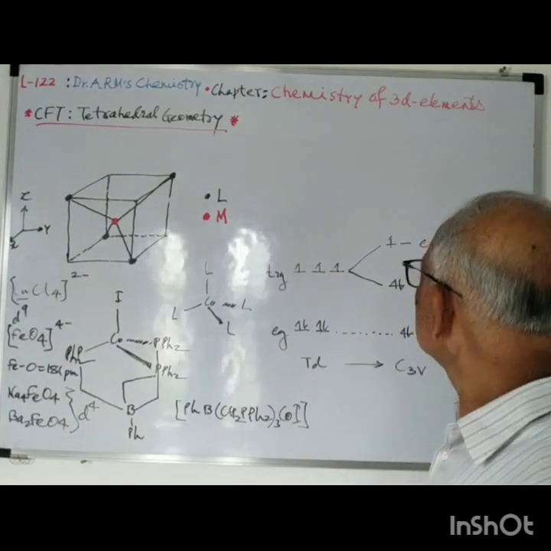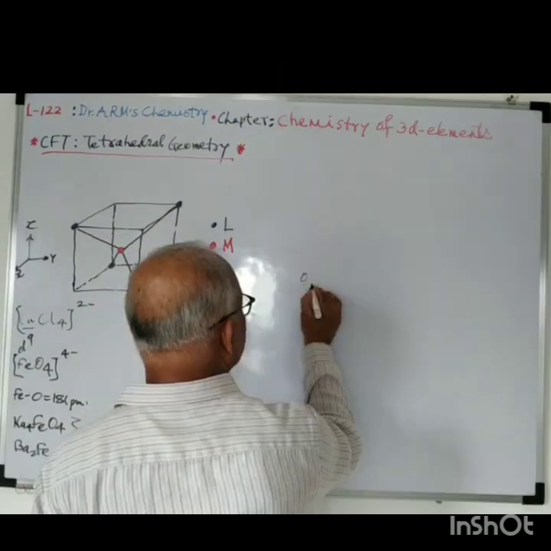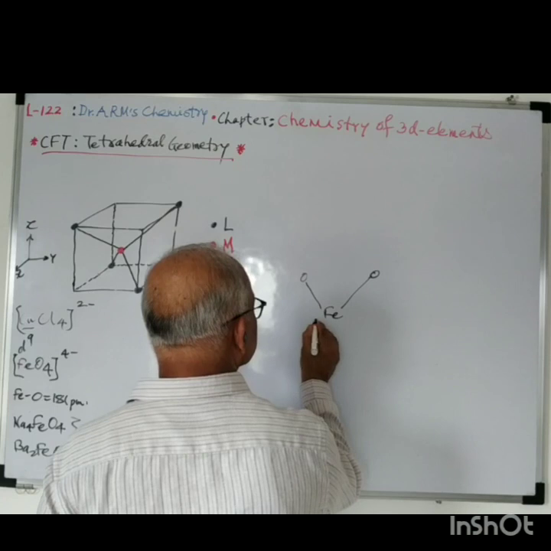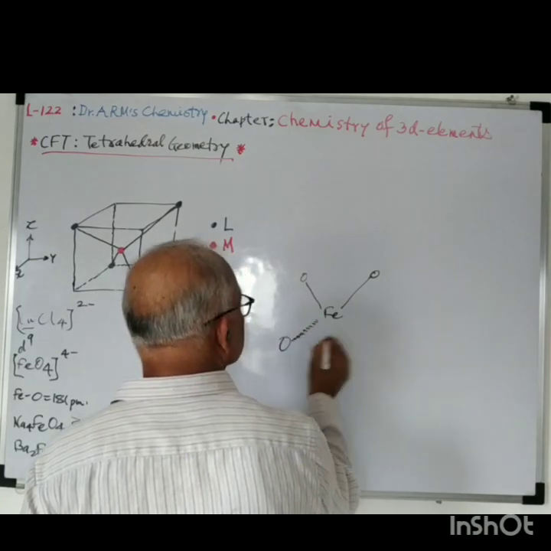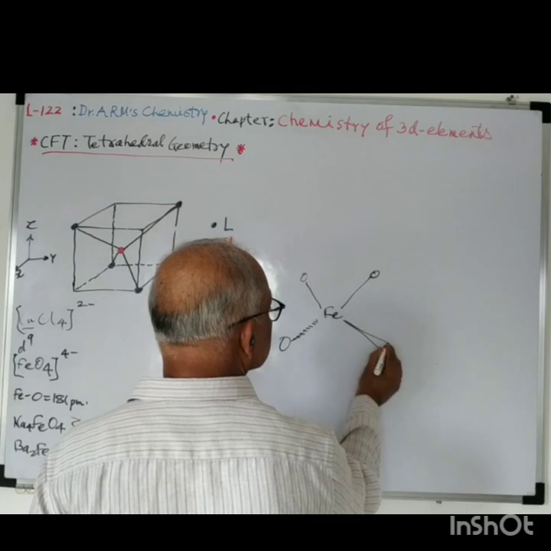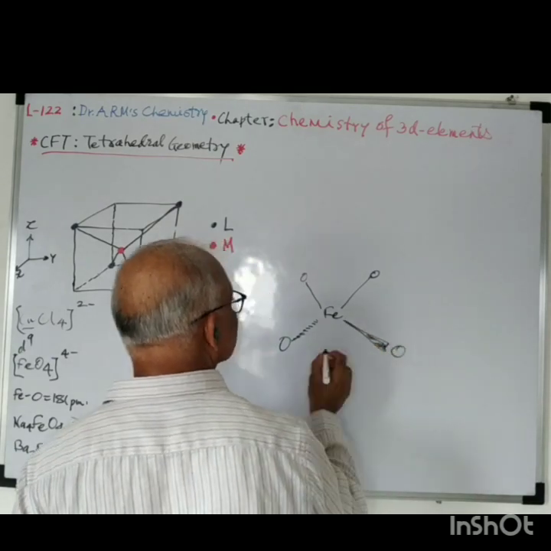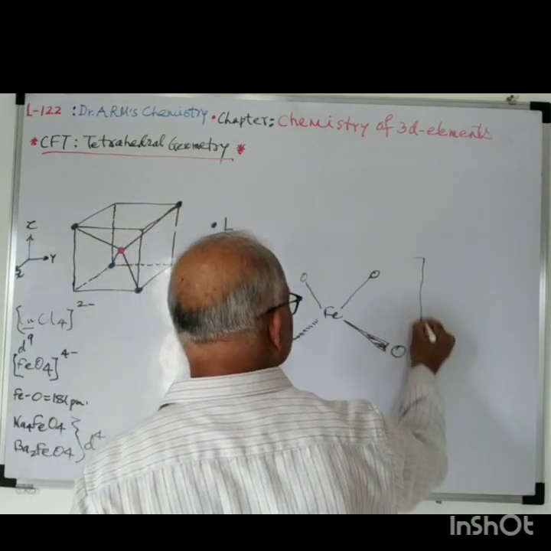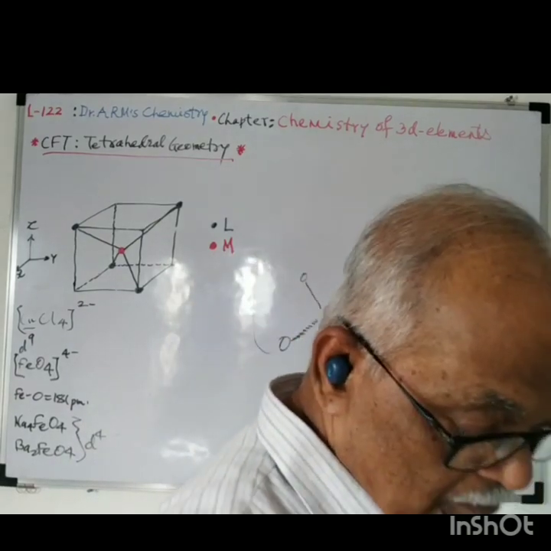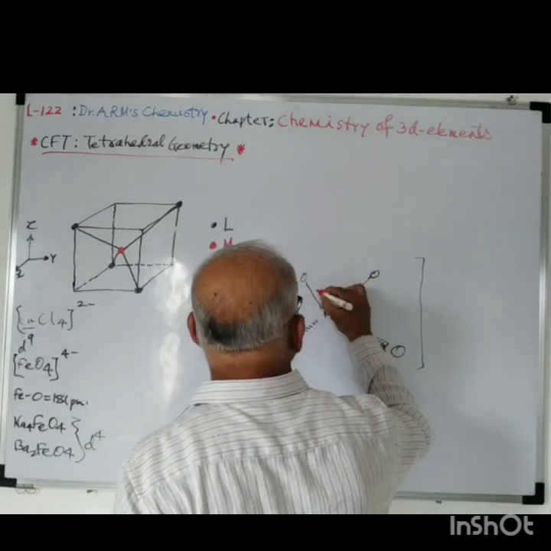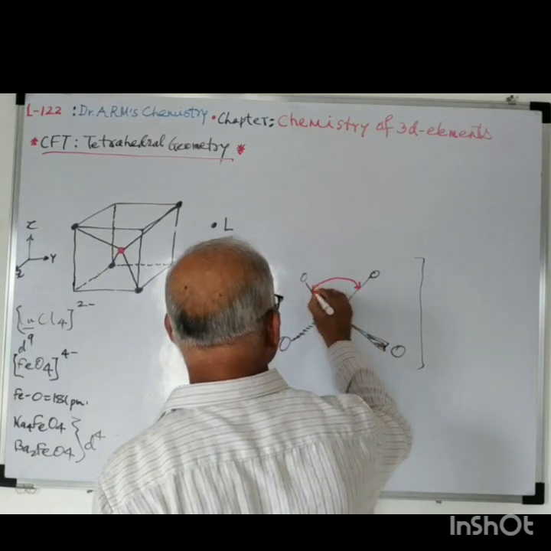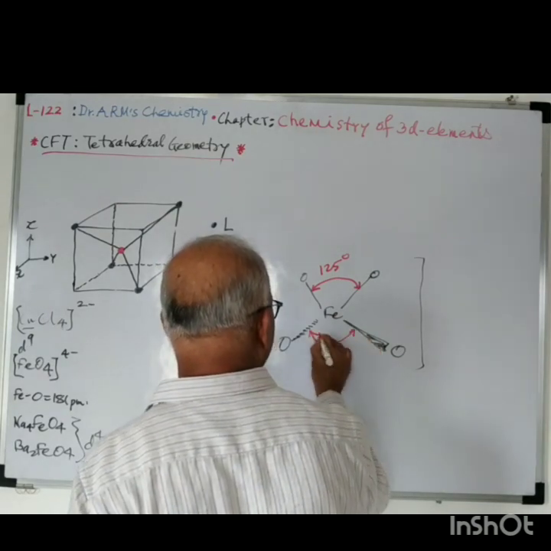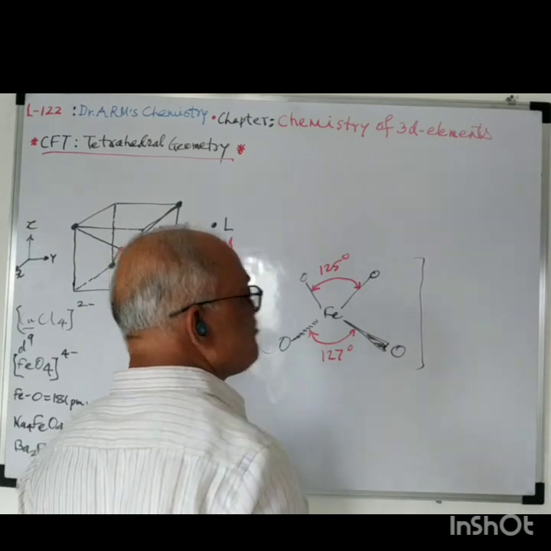So we can consider and show the structure. So these are FeO4. Now here we can have the angle between these two as 125 degrees, whereas this angle is 127 degrees.